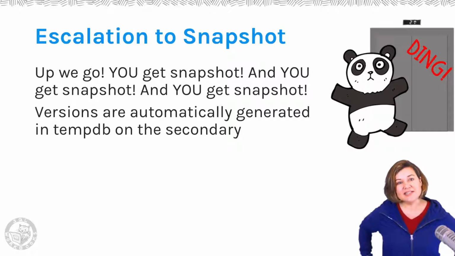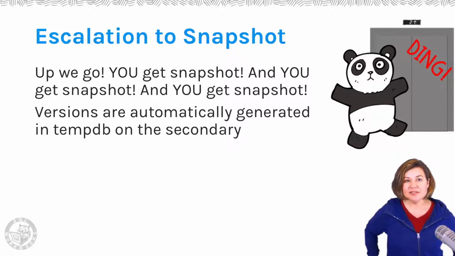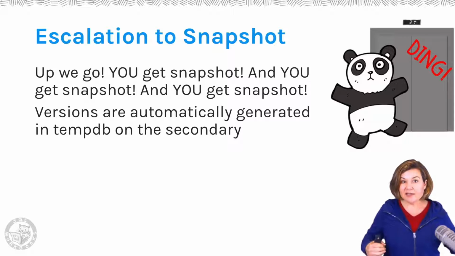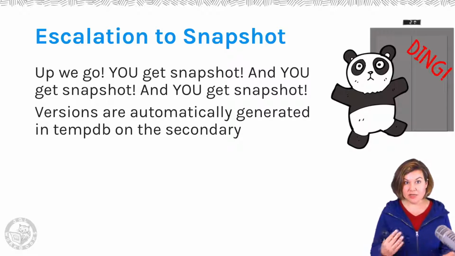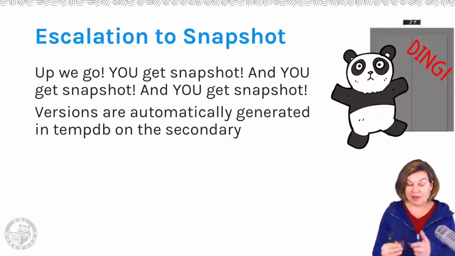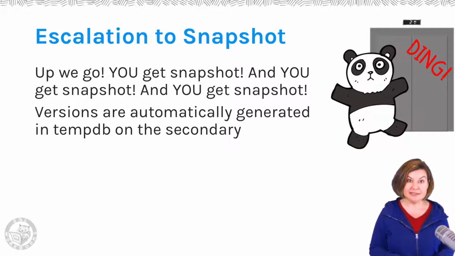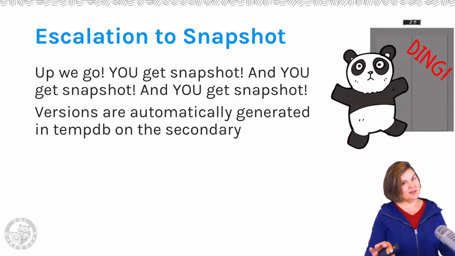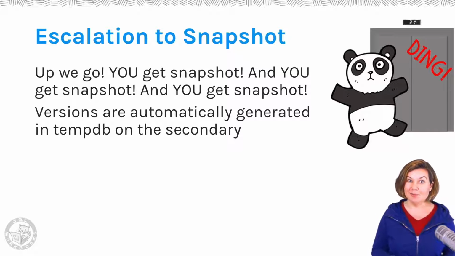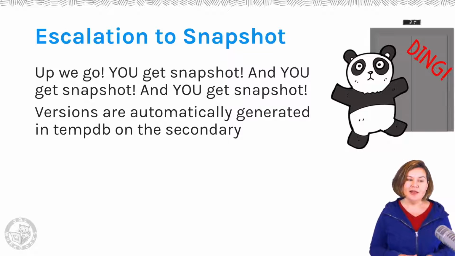This escalation to snapshot isolation for the readable secondary is really useful because it means that when inserts, updates, and deletes are happening, my snapshot transactions running against the secondary aren't going to get blocked by simple inserts, updates, and deletes. Now, things do get a little trickier sometimes when schema modifications are involved.